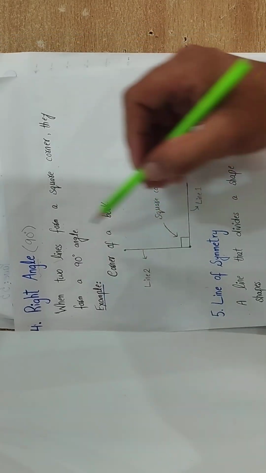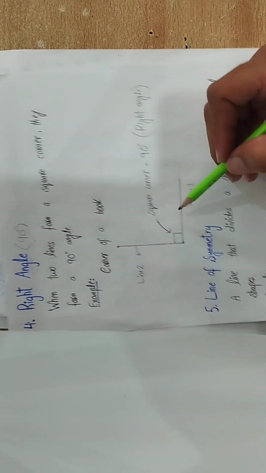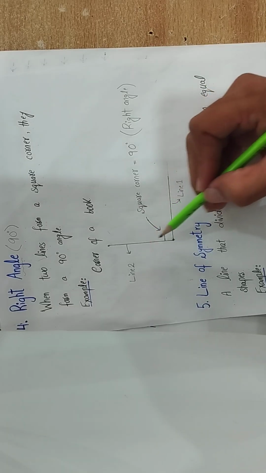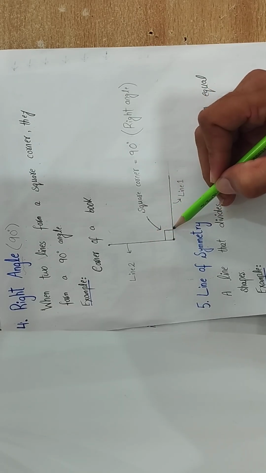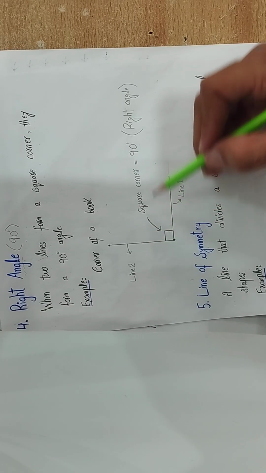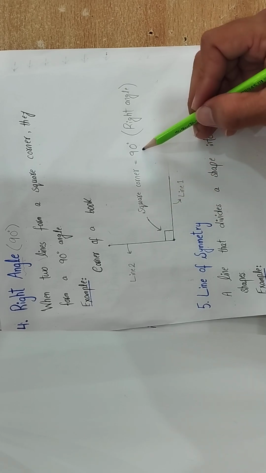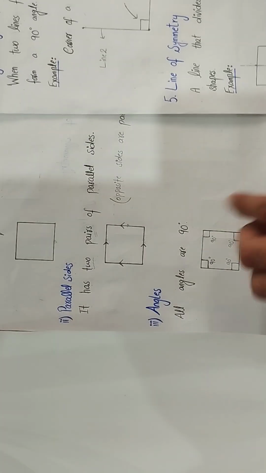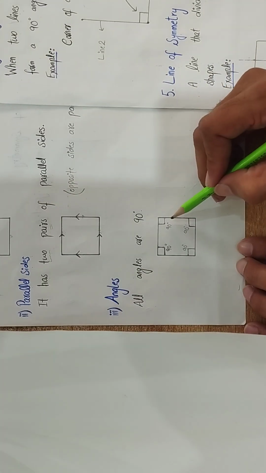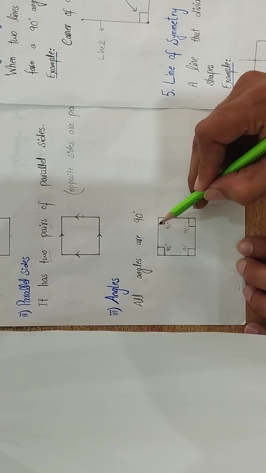Right angle. When does the right angle form? When the two lines make a square corner, they form a right angle. Between them they form a 90-degree angle. So here in the square you can see that these two lines are making a square corner here. It means this angle is 90 degree.